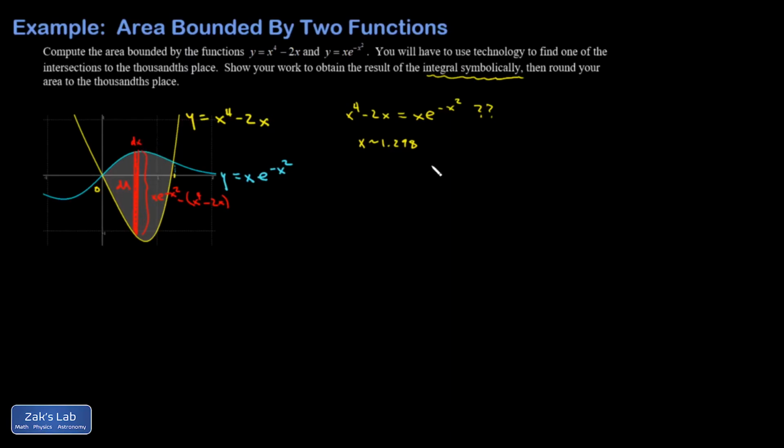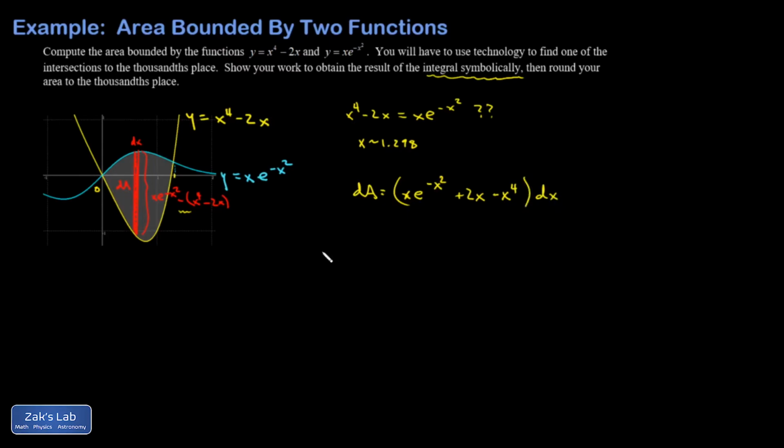Now I can go ahead and write down that dA is equal to the length times the width, or height times width if you want to say it that way. And I get x e to the negative x squared. I'm going to distribute the minus sign just to clean things up. And I get plus 2x minus x to the fourth. That's the height. Then you multiply by the width to get the area.